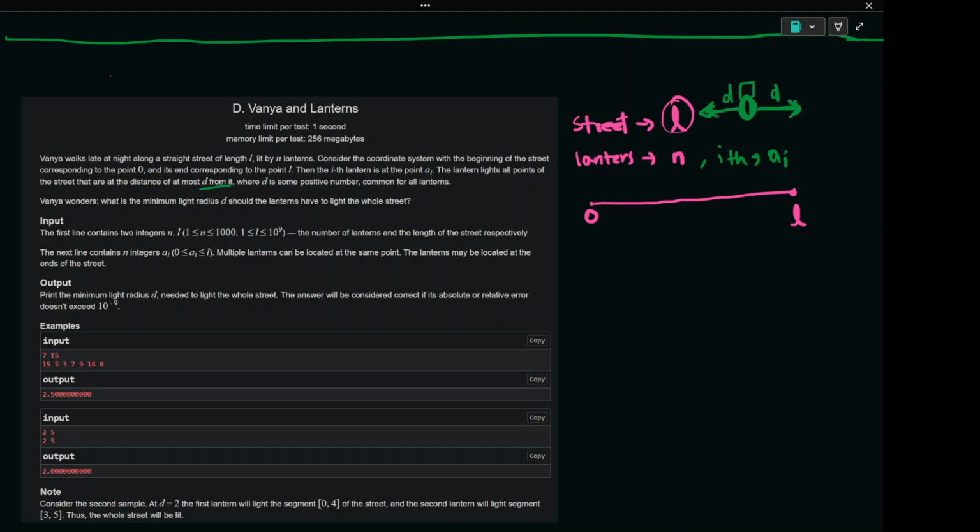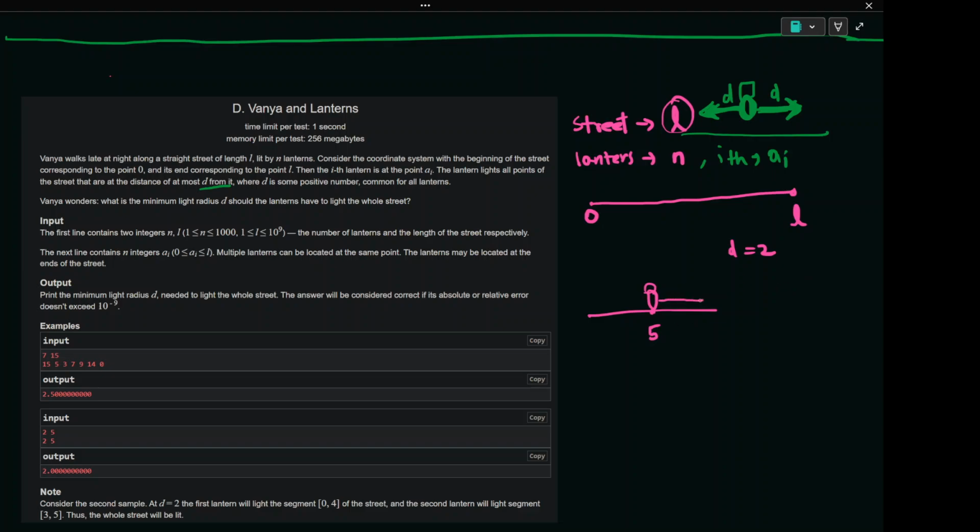So why am I taking both directions? Because we are considering the x-axis, right? So it will be giving light till this point and this point. So what does that mean? I'll write it down in simpler language. Let's say the lantern is at point 5. Okay, there's a lantern here. And then let's say d is equal to 2.